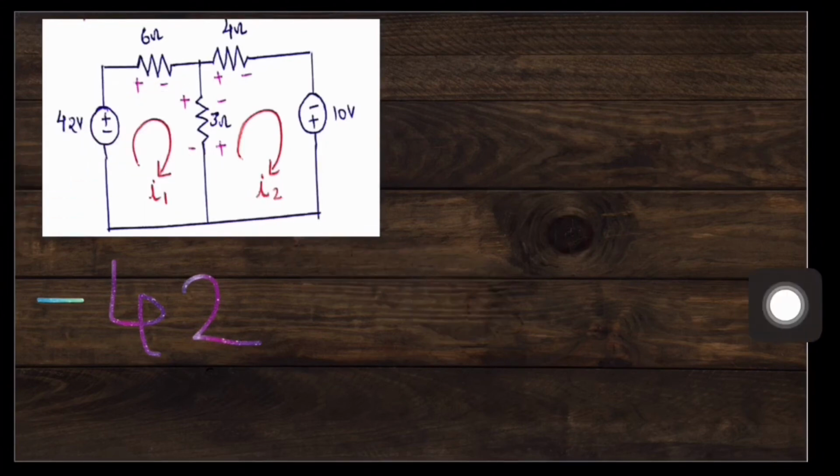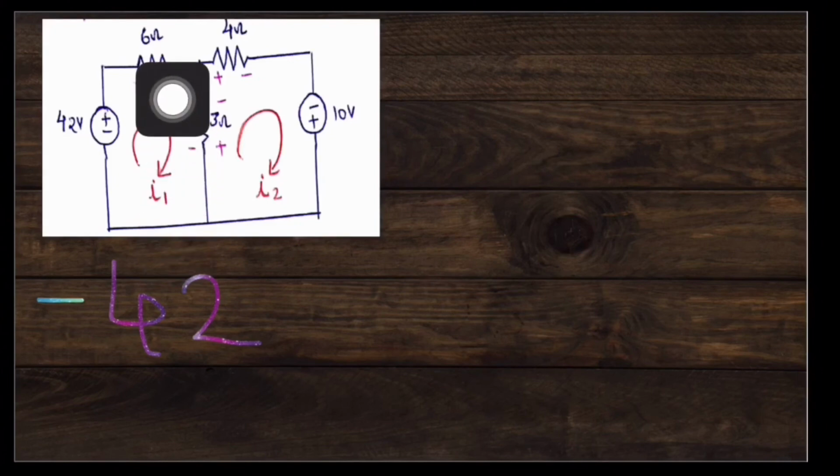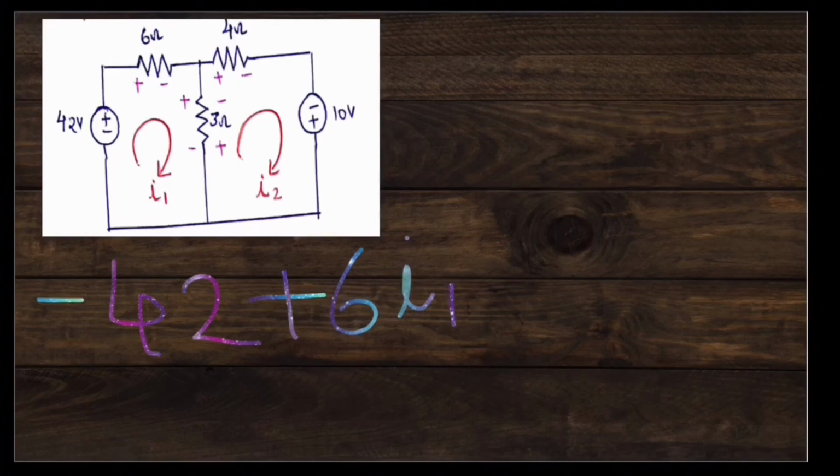As you know, voltage drop across a resistor can be mathematically expressed as the product of resistance value and current. Here I1 is the current flowing through the 6 ohm. Correspondingly, the voltage drop across it can be expressed as I1 into 6. Based on polarity mark, we add a term 6I1 to KVL equation.